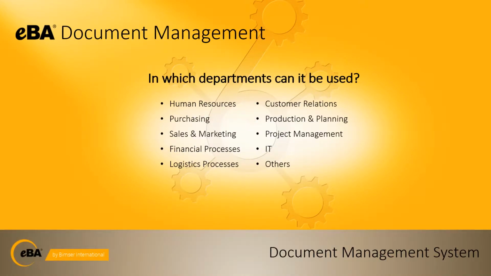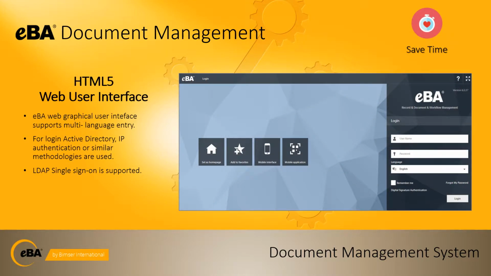This particular module, and eBA in general, can be used in many different departments, from human resources to purchasing, from sales and marketing to IT, and more. It is possible to access eBA through a web user interface available in different languages, and by downloading the mobile application from Google Play or the Apple Store.